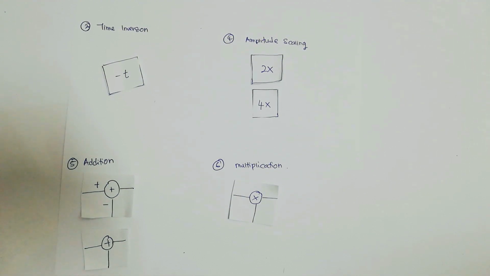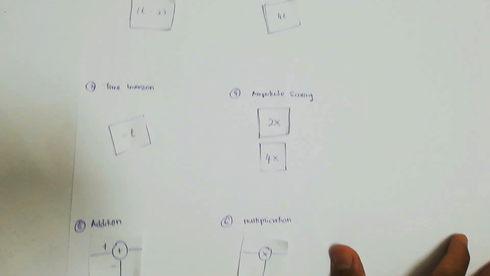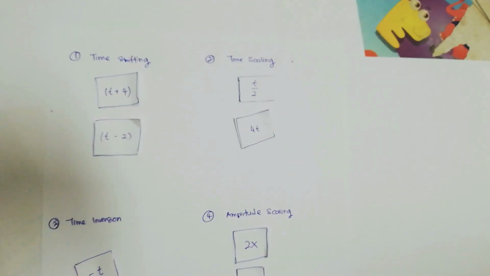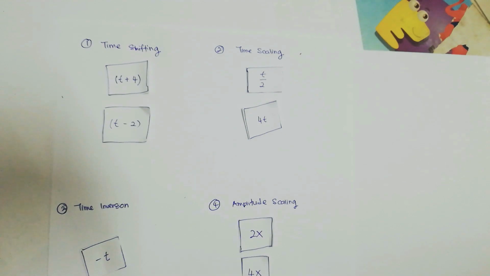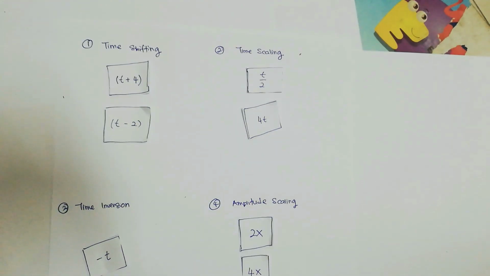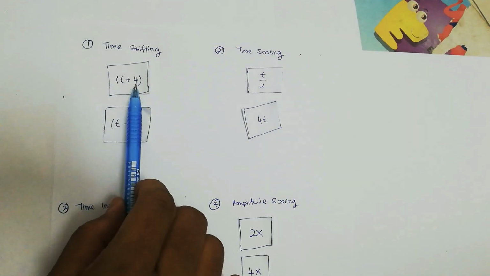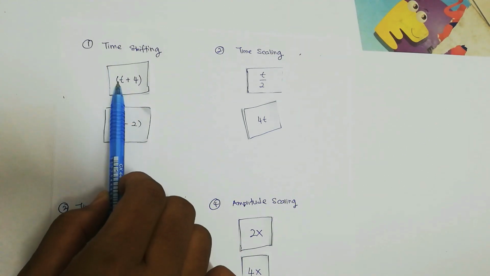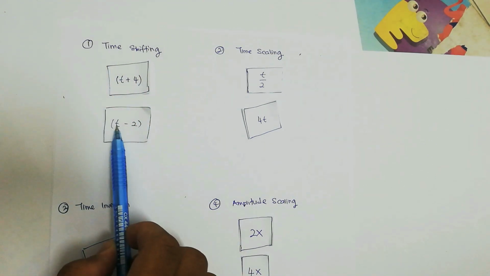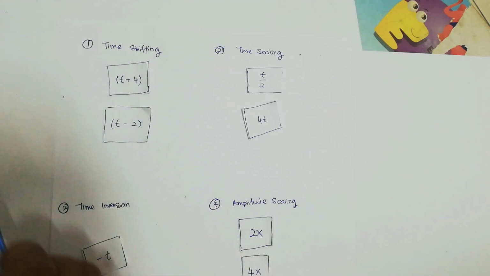The most important part is that you need to know the notation for each system and what it means. For example, t plus 4 or t minus 2 is a time shifting system. When you see t plus something or t minus something, it is time shifting.